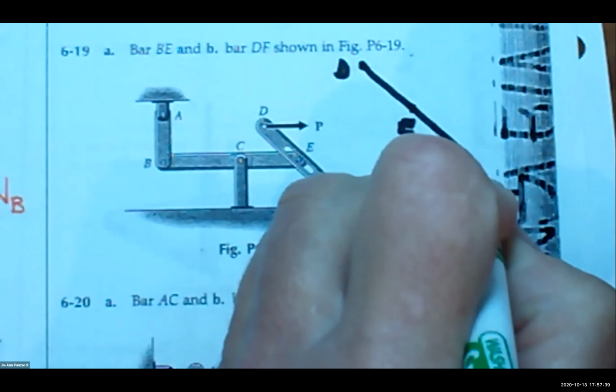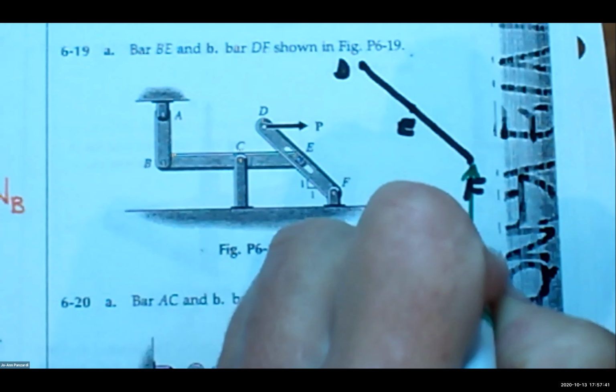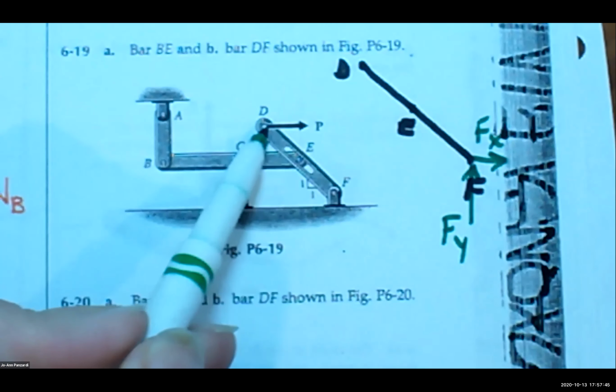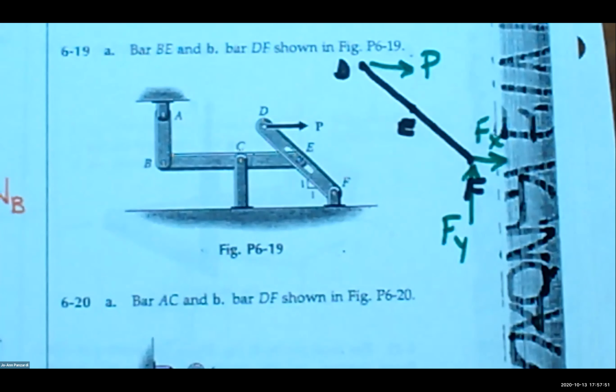It's resisting force in the X and in the Y. Because it's what? Because it's a pin. Right. FY, FX. Okay, what's going on at D? At D, we have a force P. Right, we just have an external load of P applied.